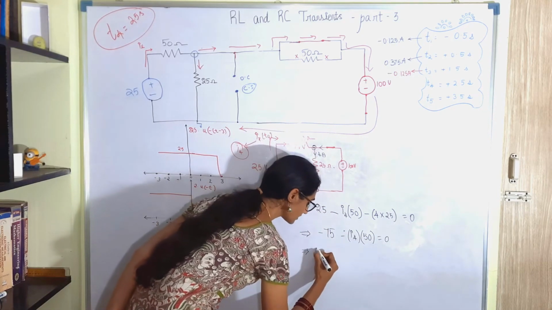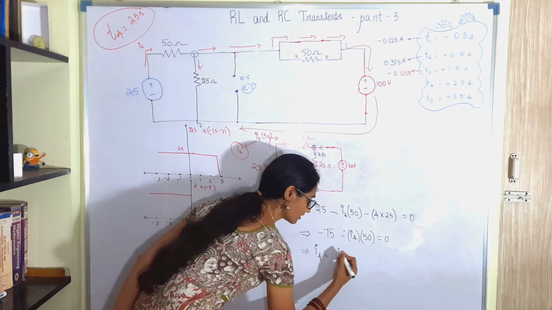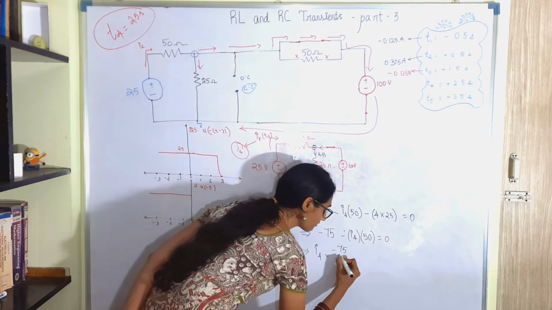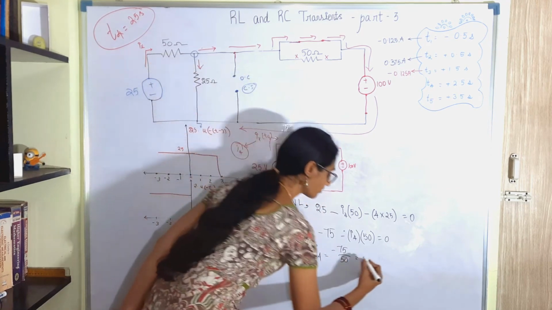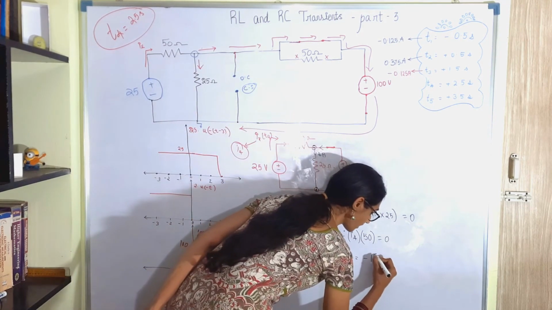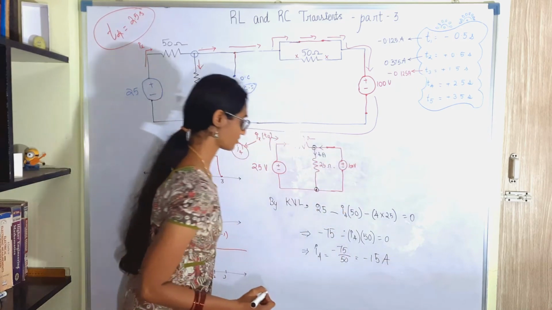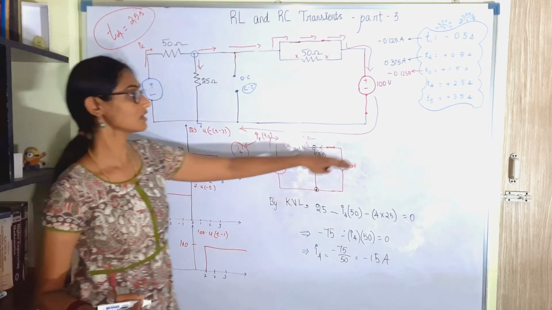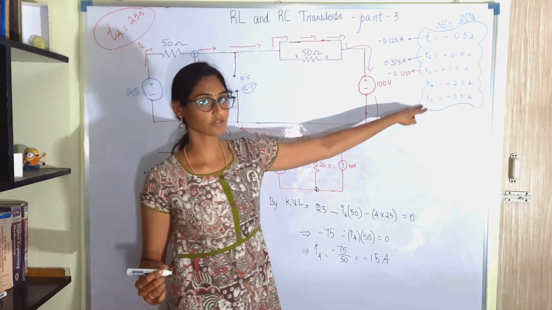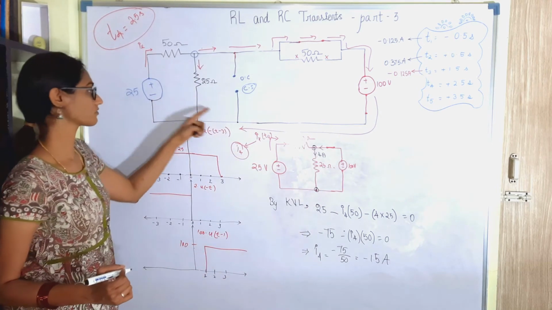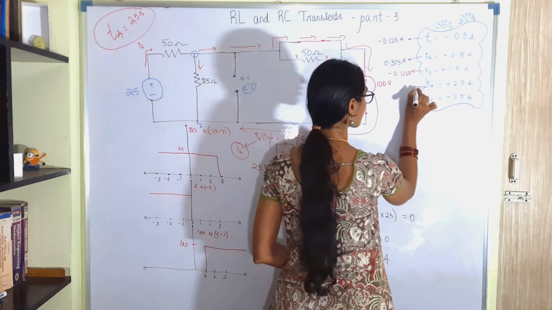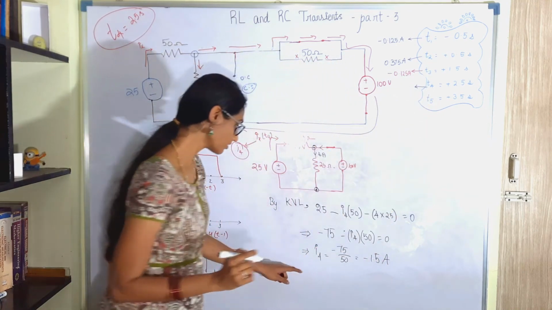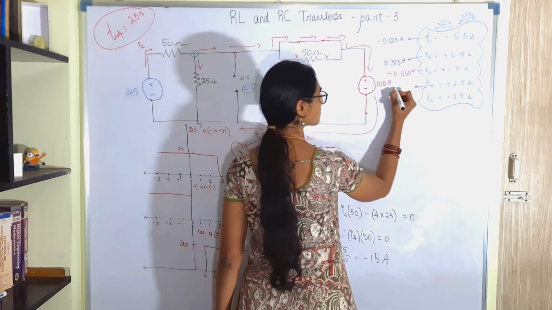So it implies I4 is minus 75 by 50, which is minus 3 by 2, minus 1.5 ampere. So in this case, when time is plus 1.5 seconds, you will have different levels of voltages and currents flowing into this circuit. Therefore, the value of I4 changes to minus 1.5 ampere.